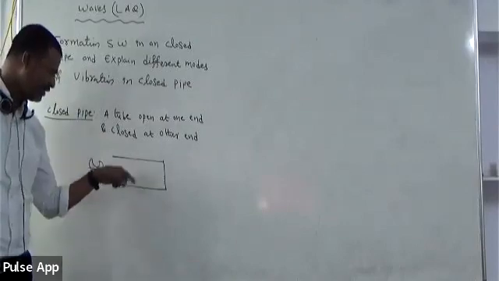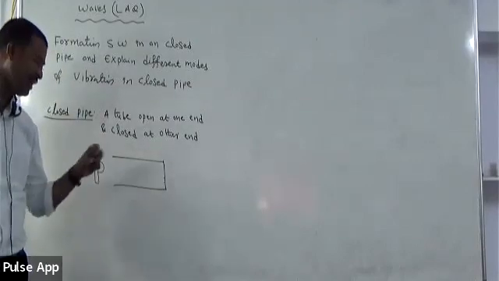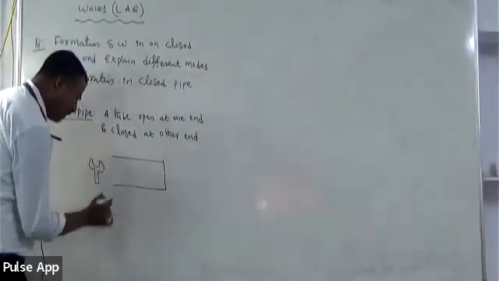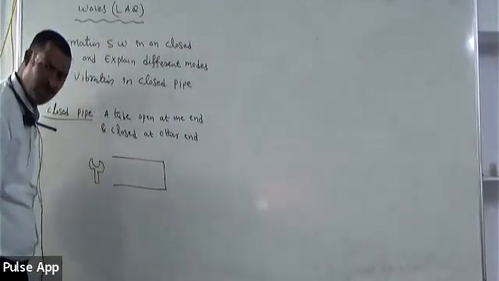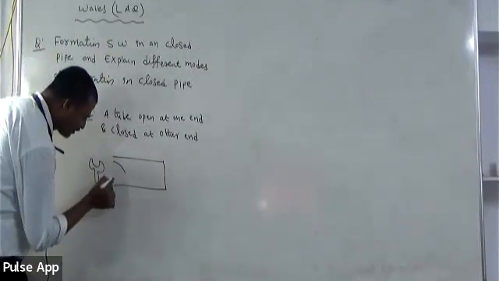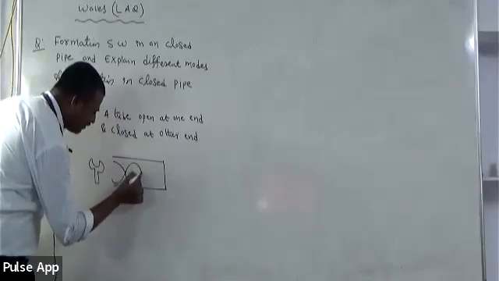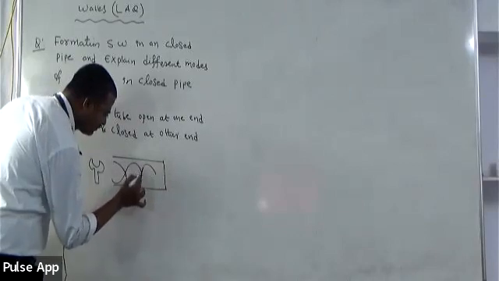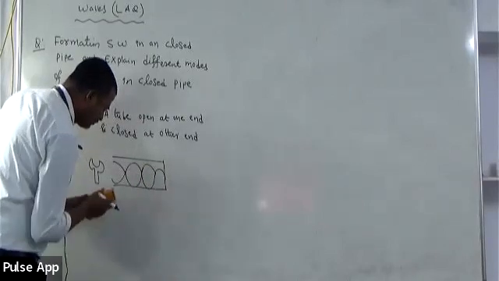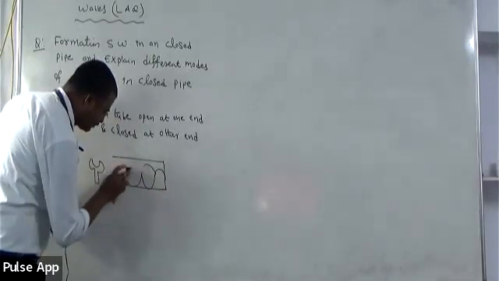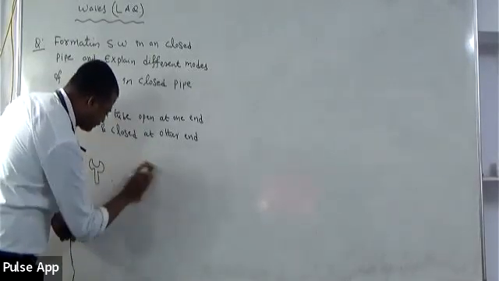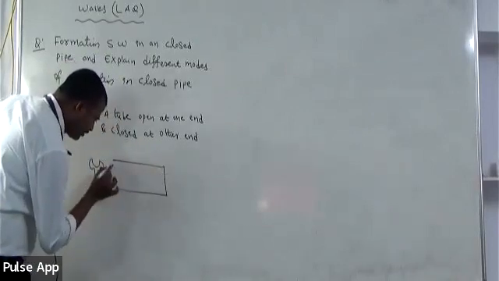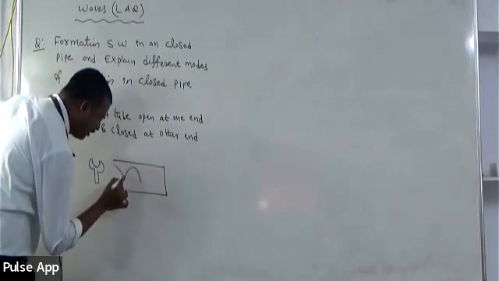In that way, a stationary wave will be formed inside the closed pipe. Based on that, open end means antinode will form, closed end means node will form. So like this, a stationary wave in a closed pipe will form.